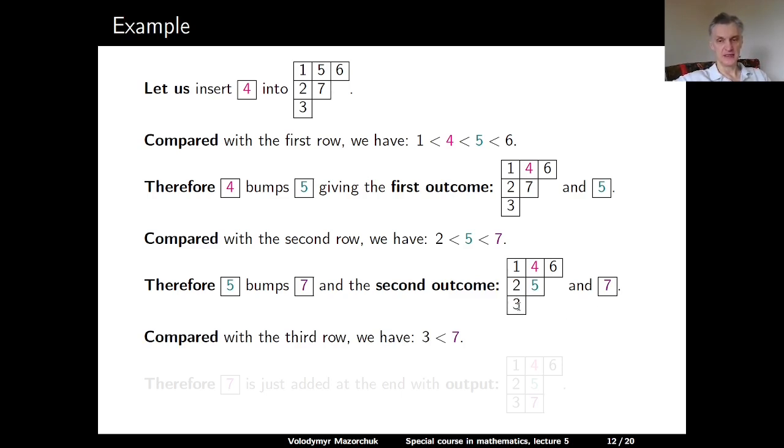The third row only has 3, and 7 is greater than 3. So in the third row, we just add 7 as the last new box. So the outcome will be the tableau 1, 4, 6, 2, 5, 3, 7. And as you see, it's again a generalized Young tableau, now of shape 3, 2, 2.